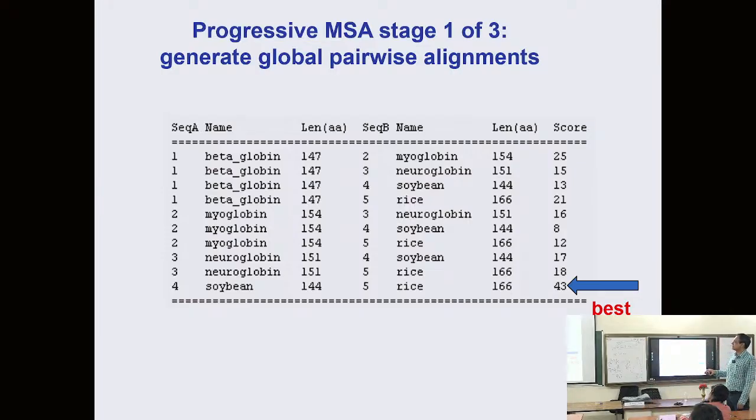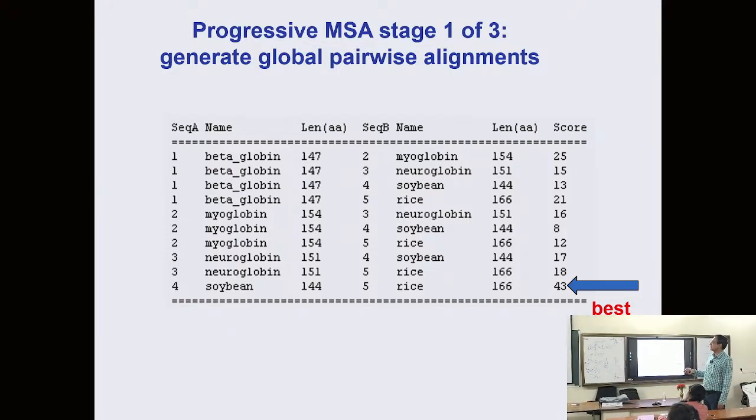So you can see here these 10 pairs. Beta globin aligned to myoglobin, score is 25. Beta globin aligned to neuroglobin, score is 15, and so on. Which has the best score? Soybean globin and rice globin, score of 43, right? So this is a similarity score.